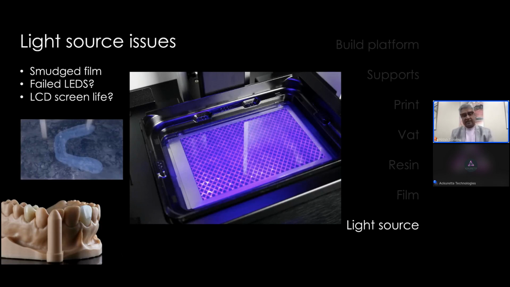And I think that's the safest way to go. But if you're somebody who's going to buy one vat and swap resins out, make sure you clean that film really well with an alcohol spray and appropriate tissues in order to make sure that there's no smudges left on the film, because that can obstruct the light source.